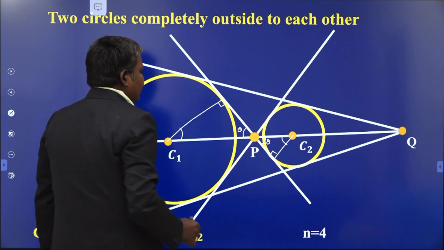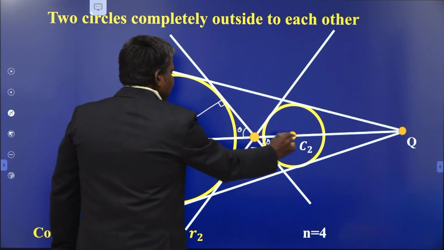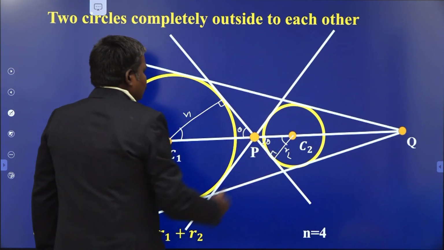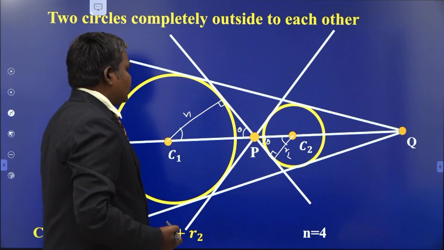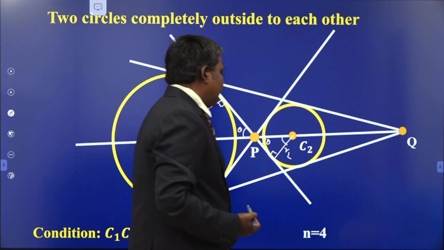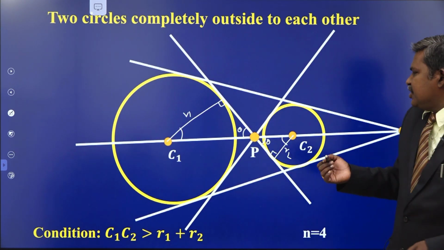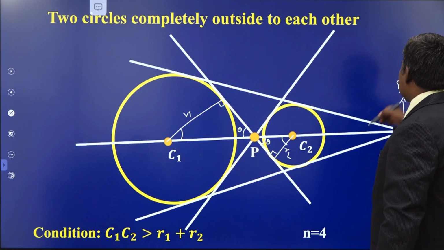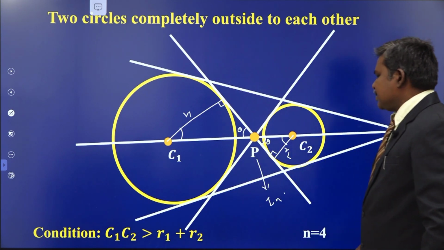Then these two are similar triangles. By that similar triangle property, C1P by PC2 is equal to R1 by R2. So this is R1 by R2 internally. P divides C1, C2 in the ratio R1 is to R2 internally. Q divides the line joining the two points C1, C2 in the ratio R1 is to R2 externally. That is why this is called the external center of similitude, and this is called the internal center of similitude.